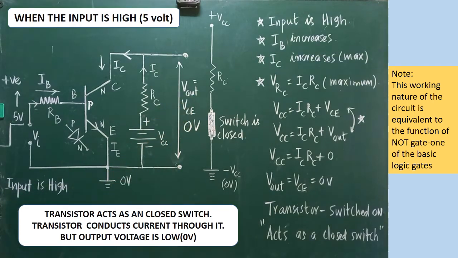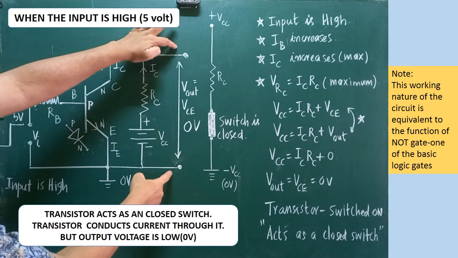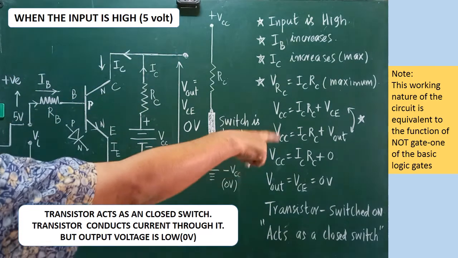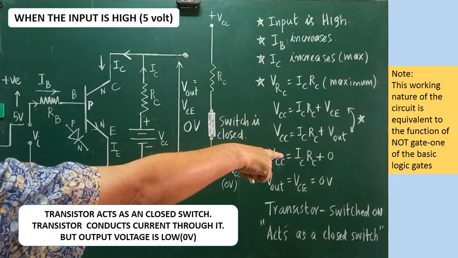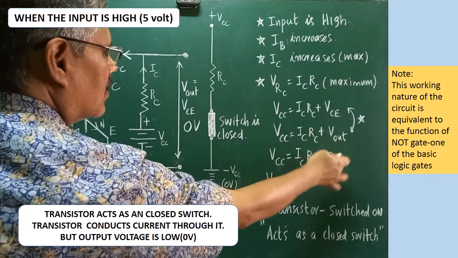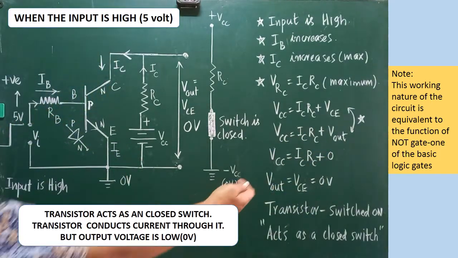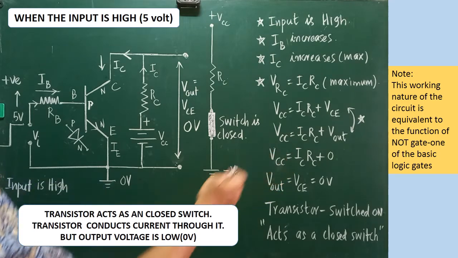So it shows that most of the current is flowing through the transistor. Basically here across this there won't be any potential difference. So in the next step what I have written, VCE is 0, Vout is also 0. You compare these two, Vout and 0. Finally you are getting that Vout, which is nothing but VCE, is 0 volt.